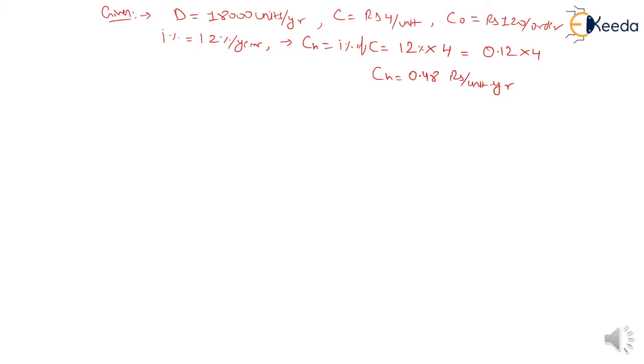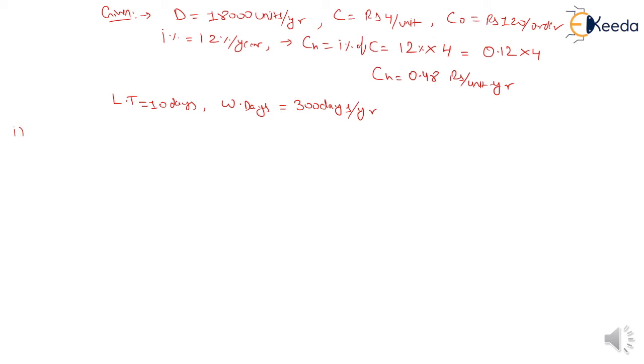Clear to all? This is the given data. Okay students, and lead time is also given. The lead time is 10 days, and working days is also given in this question, it is 300 days per year. Clear to all?